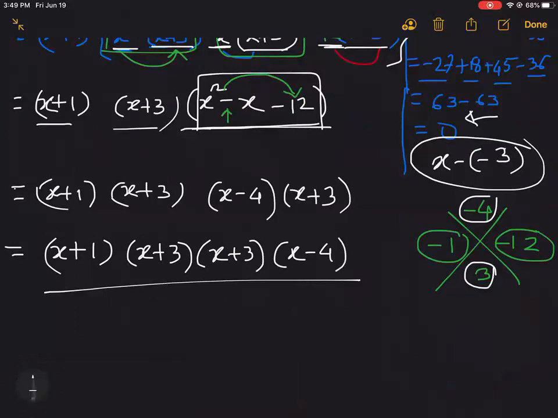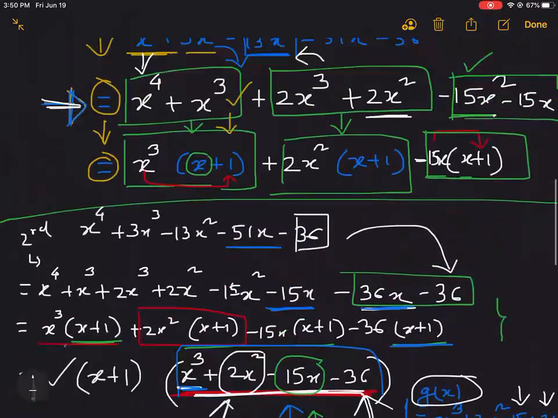Okay. And now, if you look at the problem which we solved last time, we actually graphed this problem in our previous lecture.